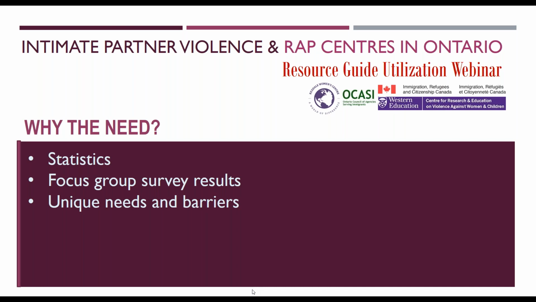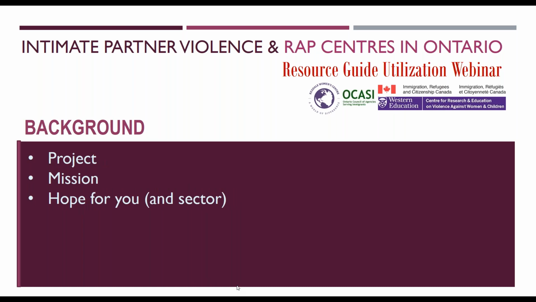So you probably could identify that there's more, and we have gone into that a little bit more in the resource guide, but those were some of the main issues reported through our focus group survey.